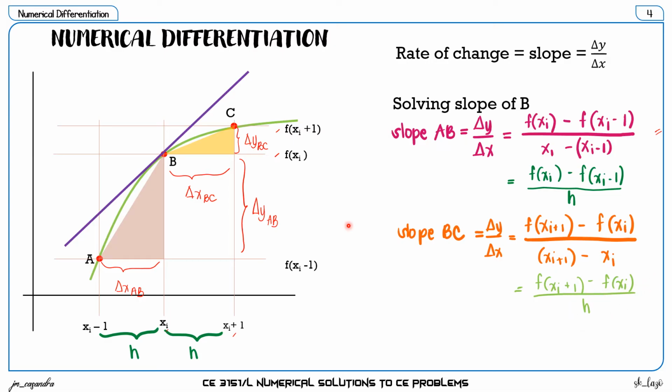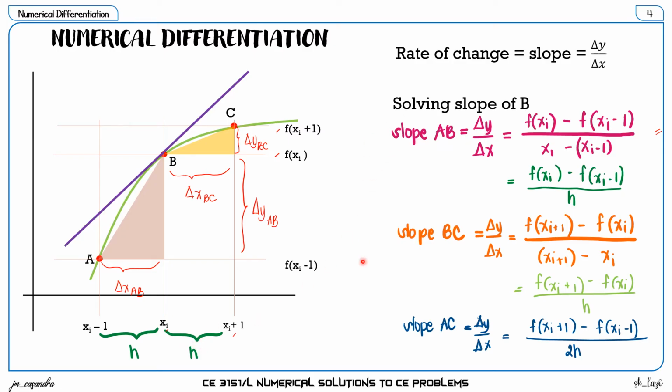Another way to solve for the slope of B is in terms of the points before and after point B, which is the slope of AC. Looking at our graph, from A to C that will be f of xi plus 1 minus f of xi minus 1, divided by the distance from A to C, which comprises 2h.